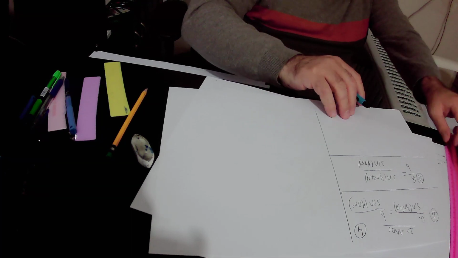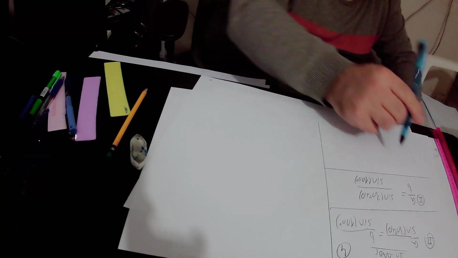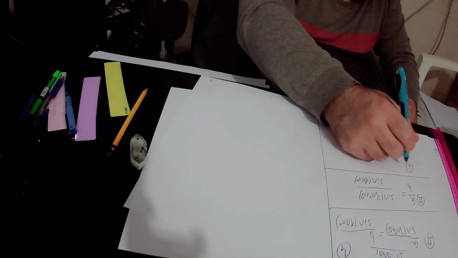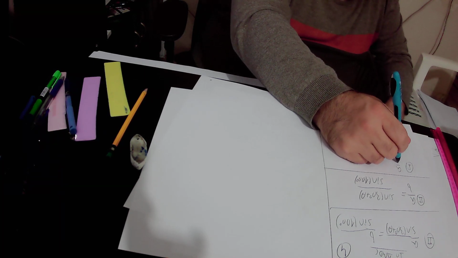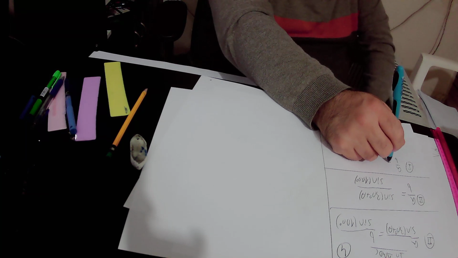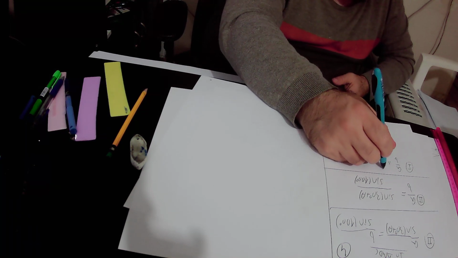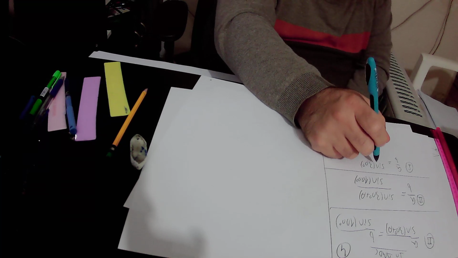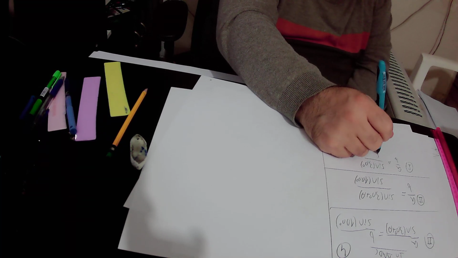So according to equation number 2, A over B equals sine 30 degrees plus theta over sine 100 degrees. And we have already found out that according to equation number 1, A over B equals sine 30 degrees over sine 50 degrees.